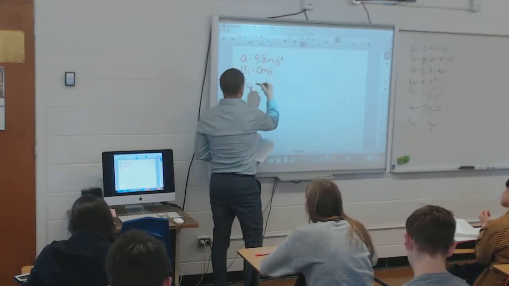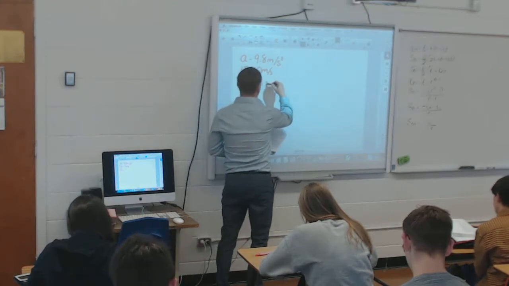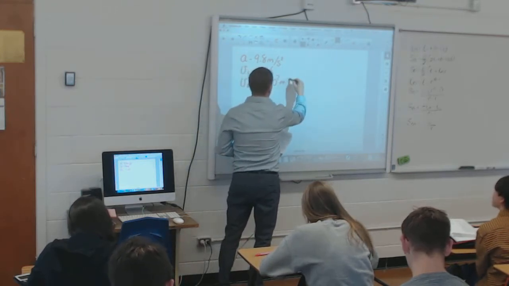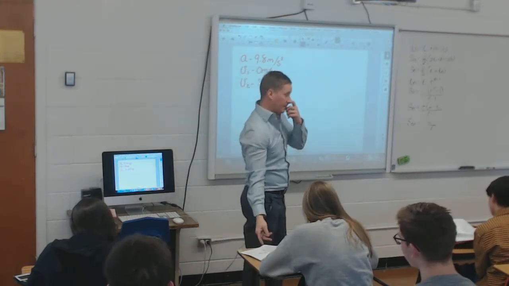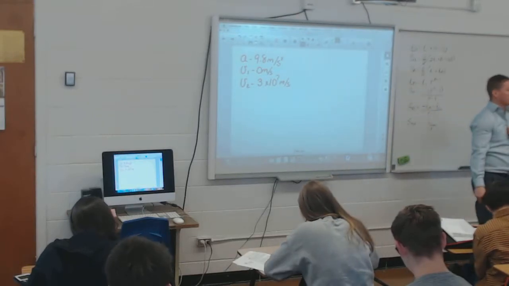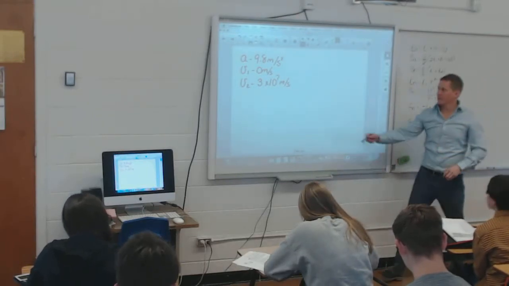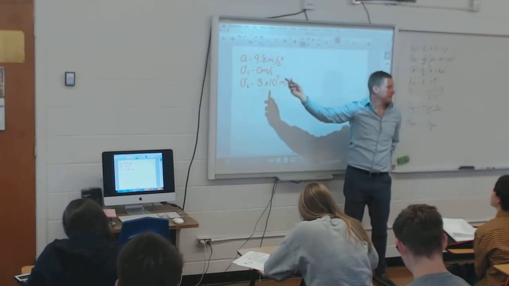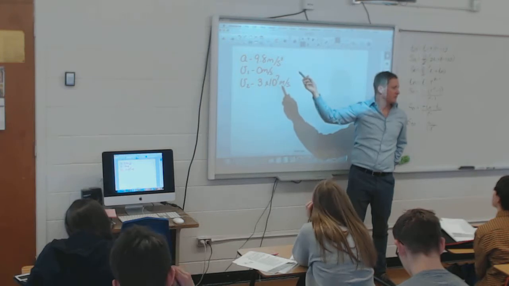So you need 1/10 of 3 times 10 to the 8 meters per second. Take a 10 off of there, and that becomes 3 times 10 to the 7 meters per second.